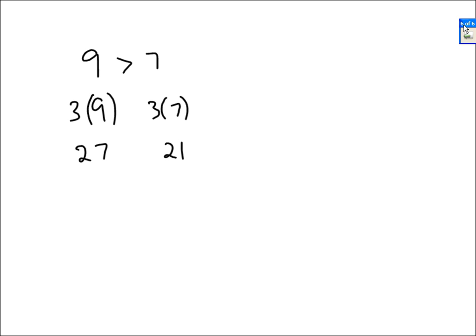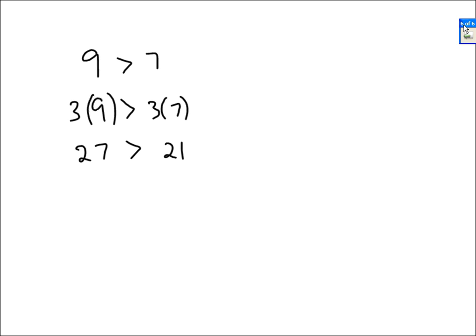Now, we all know, for example, that 9 is bigger than 7. If I were to multiply both sides by 3, I'll get 27 and 21, and 27 is bigger than 21. 3 times 9 is bigger than 3 times 7.